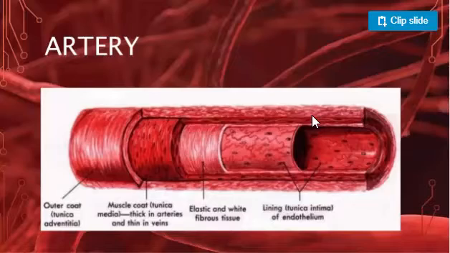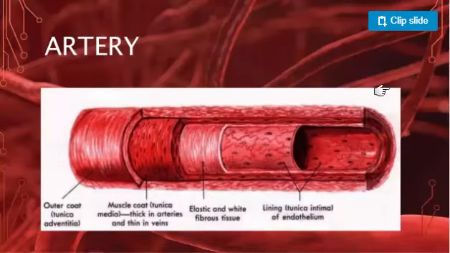From the arteries, and in order to reach the cells, the arteries become smaller and smaller until they become what we call arterioles. The arterioles, or smaller arteries, contain the same three layers, but the outer and the middle layers are much thinner. So the arteries, which are the vessels that carry the blood away from your heart, are formed of these three layers.